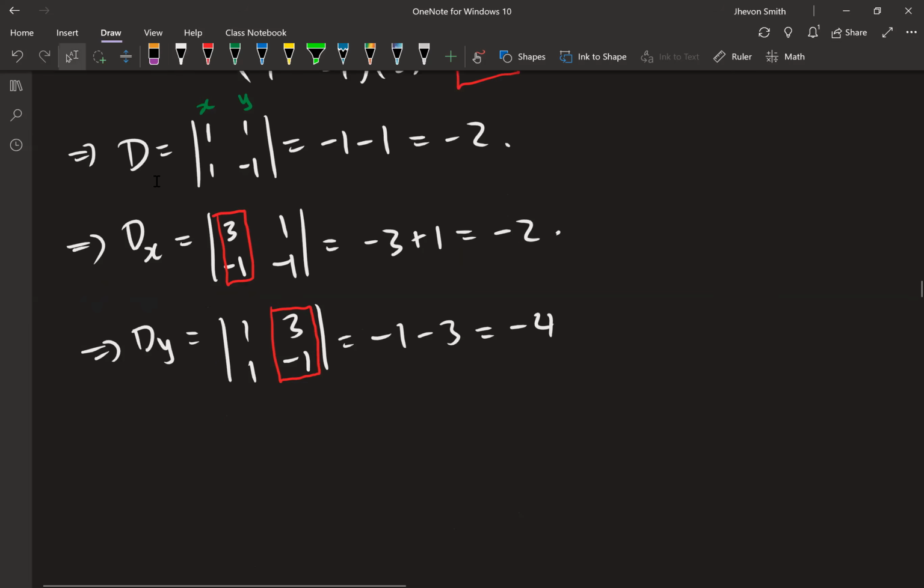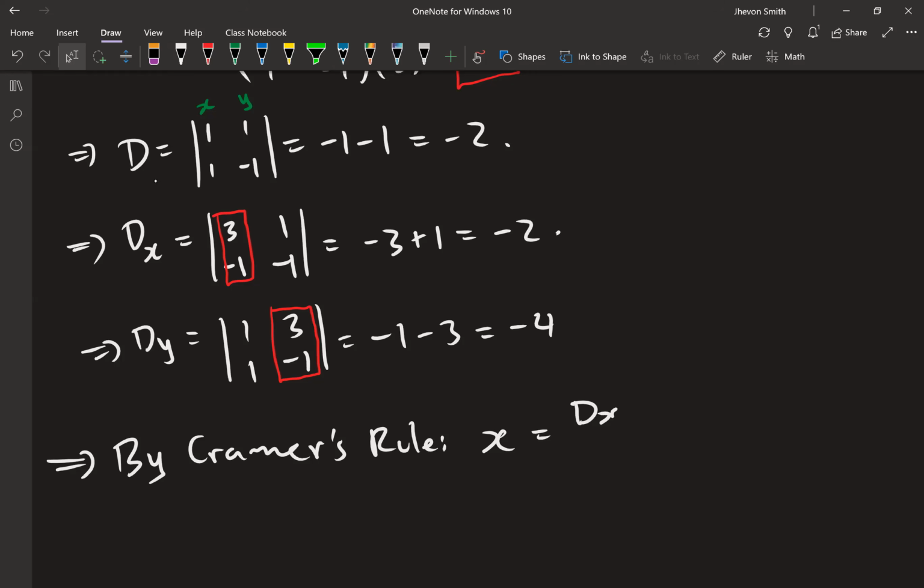Now, by Cramer's rule, my x is going to be D sub x divided by D. That is -2 divided by -2 equals 1. And my y is going to be D sub y divided by D. That is -4 divided by -2, which is 2.